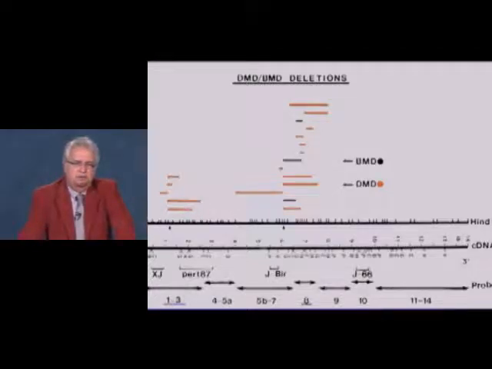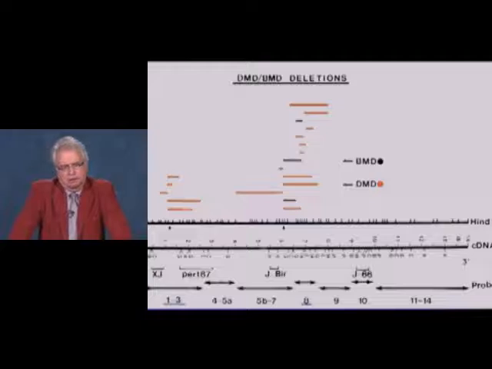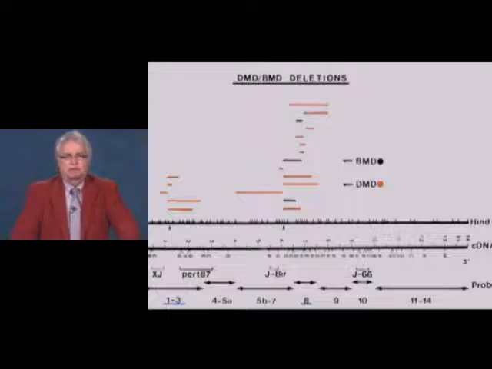This is the Duchenne gene we have called the cDNA, which is very, very large, and it includes 79 exons, and you can see that most of the patients have what we call deletions of the dystrophin gene, which means that a segment of the gene is missing.